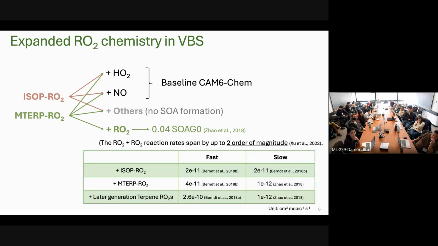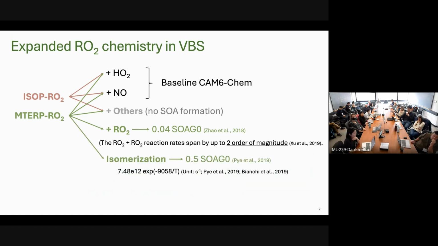In this table, I'm showing the reaction rate coefficients measured by different lab experiments for a few types of RO2-RO2 reactions. We classify them as the fast and slow combinations, and you can see that for the same set of reactions, different lab measurements can span up to 2 orders of magnitude. To address this uncertainty, I will test both the fast and slow combinations in our experiments.